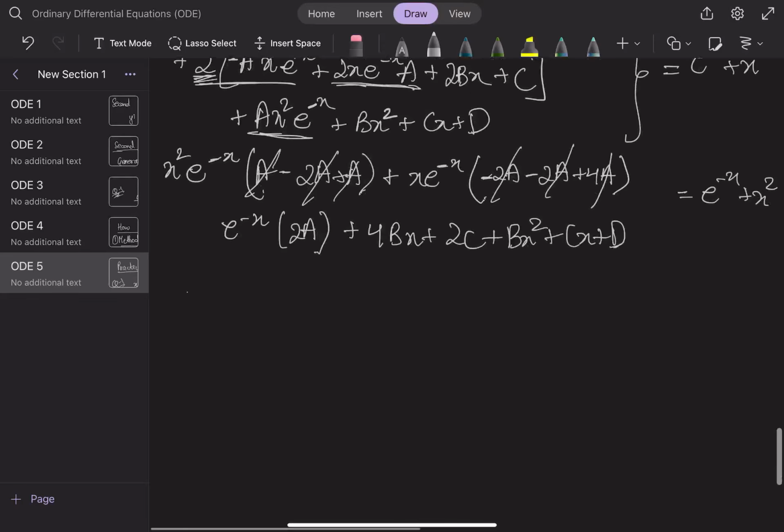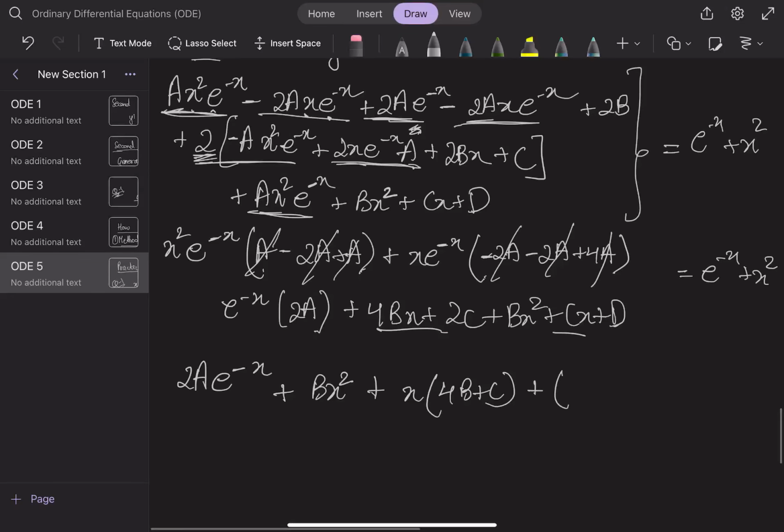So you are left with 2a e raised to minus x plus bx square plus x times 4b plus c. Sorry, we're missing one term here. Plus 2b. And the constants that are left are 2b plus 2c plus d, is equal to e raised to minus x plus x square.